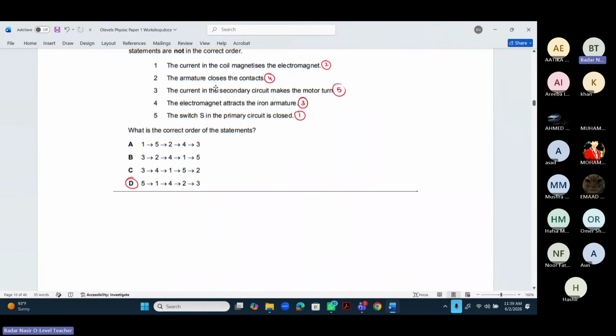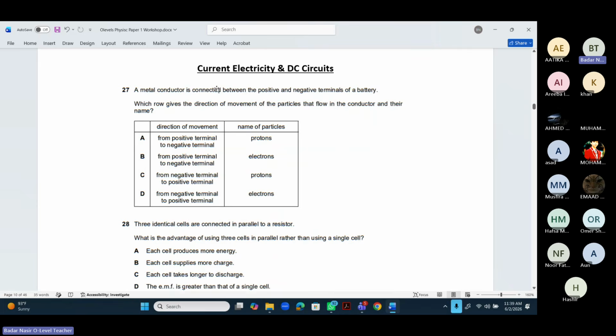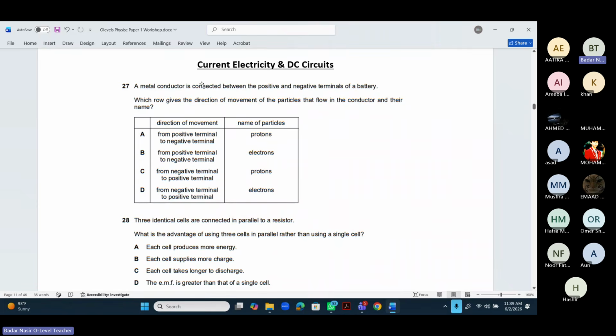Okay. Now, next section where we have current, electricity, and DC circuits. A metal conductor is connected between the positive and negative terminals of a battery. Which row gives the direction of movement of particles that flow in the conductor and their name? Okay.